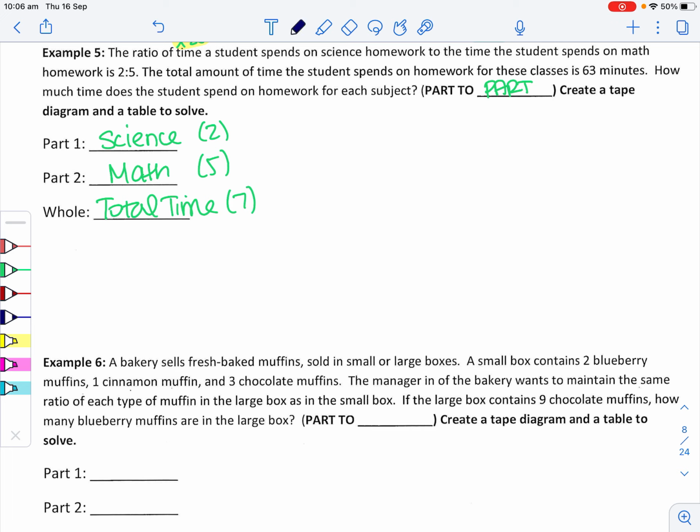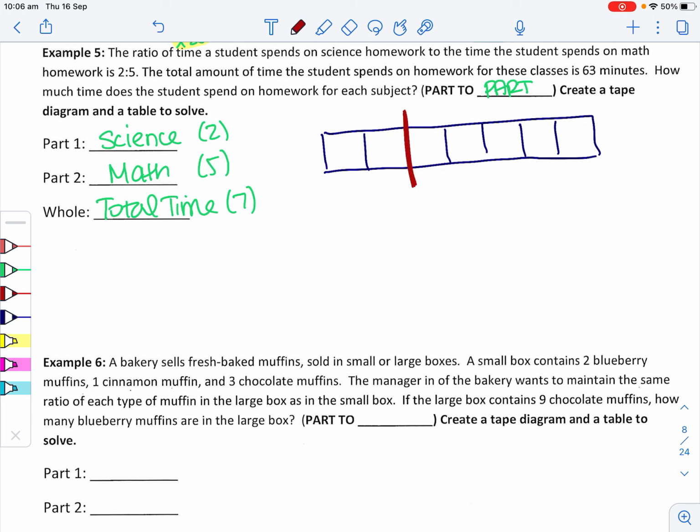So when I create my tape diagram, it's going to be out of 7. 1, 2, 3, 4, 5, 6. And then I'm going to draw a line where it splits. So this is going to be our science. This is going to be our math.